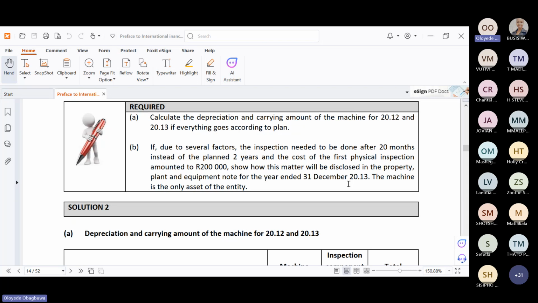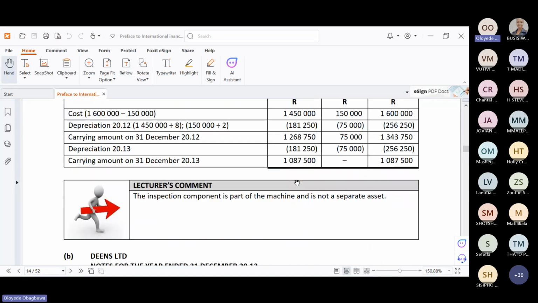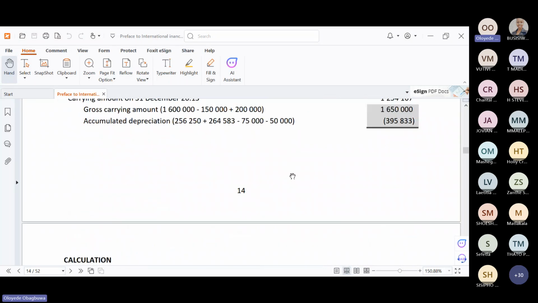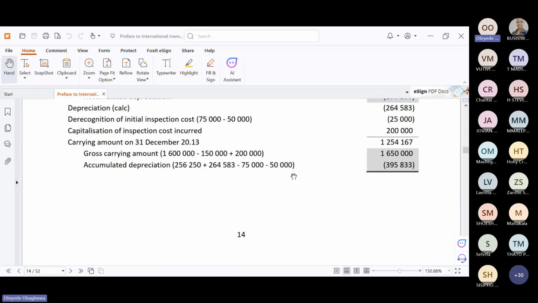calculated is for 2 years, 75, 25. But now we can see that because of the situation that arises, we can't use all the 75,000.